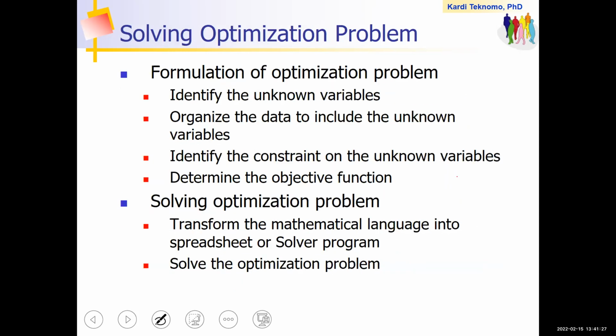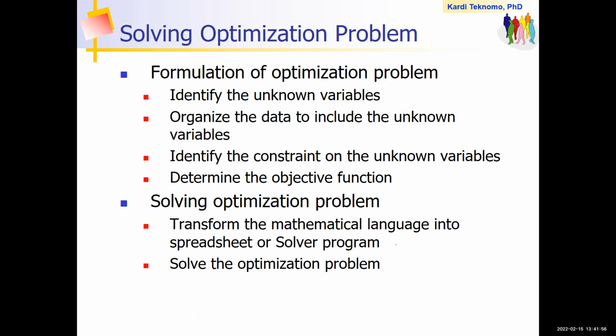Now, the most important thing here is to formulate your optimization problem. You need to decide the unknown or decision variables, then identify the constraints and the objective function. Once you have this, you transform this mathematical language into a spreadsheet or into the solver.